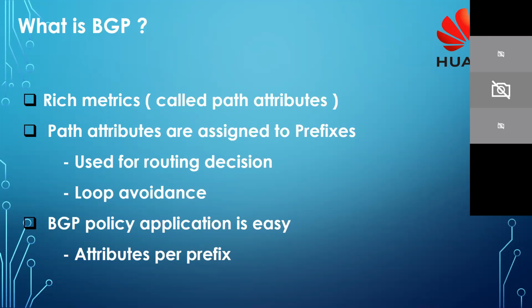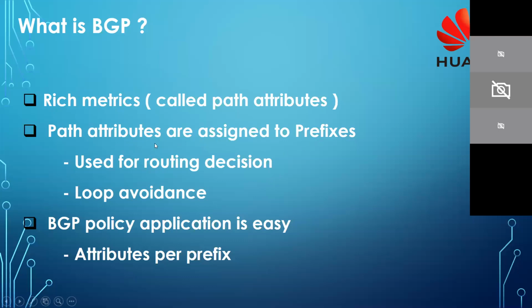The difference between BGP and IGP is that, for example in OSPF, when you want to assign a metric, you assign it to the link, not to the route. If you want to change the cost, you change it on the interface. But BGP assigns path attributes to a prefix or route.